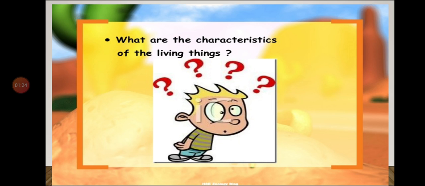So, now there is one question: why do we call them living, and how do they differ from non-living organisms? What is the difference between living and non-living organisms? There are some characteristics that living things possess.